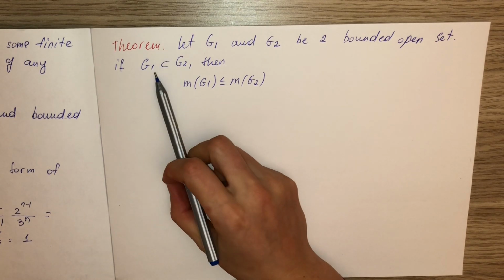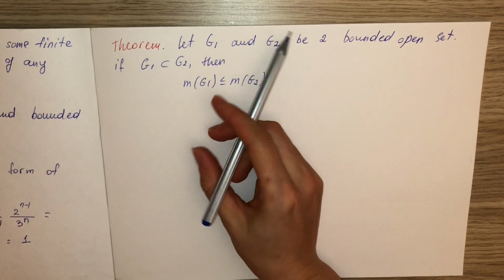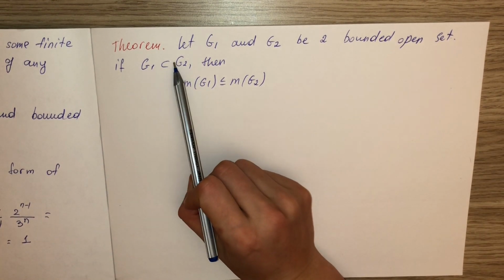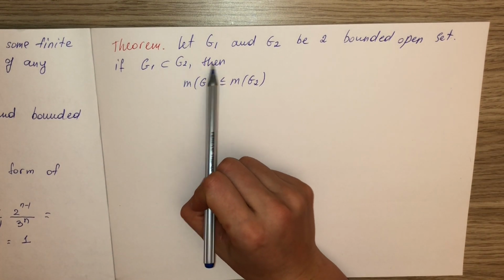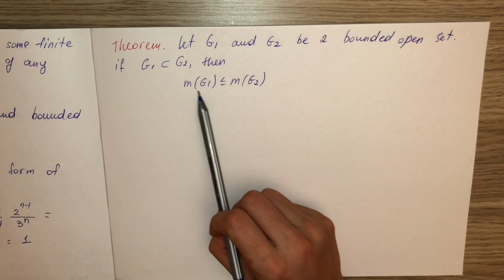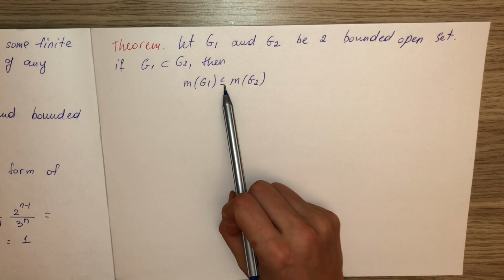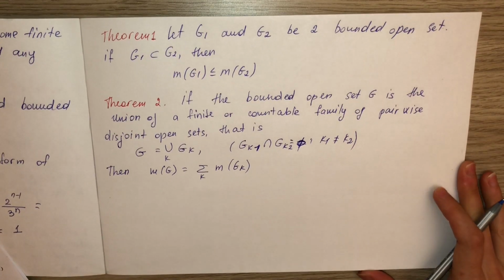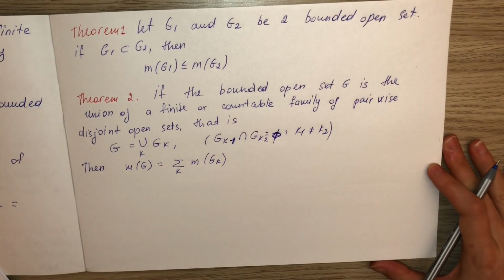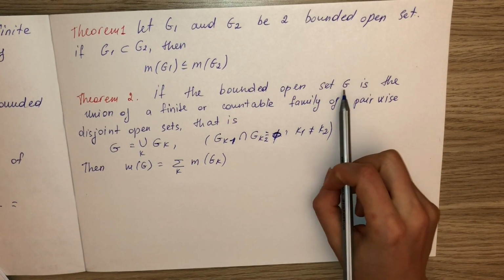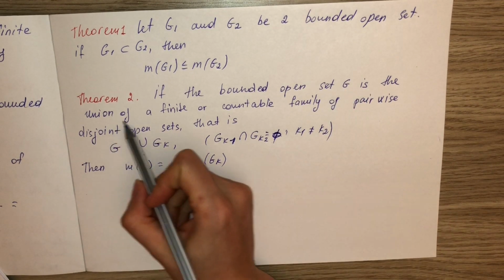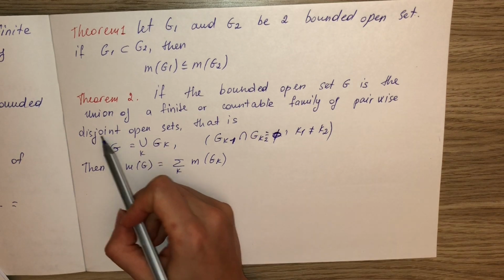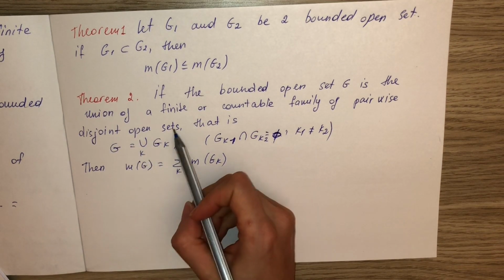Another theorem. Let G1 and G2 be two bounded open sets. If G1 is a subset of G2, then the measure of G1 is less than or equal to the measure of G2. Another theorem. If the bounded open set G is the union of a finite or countable family of pairwise disjoint open sets, what does it mean?